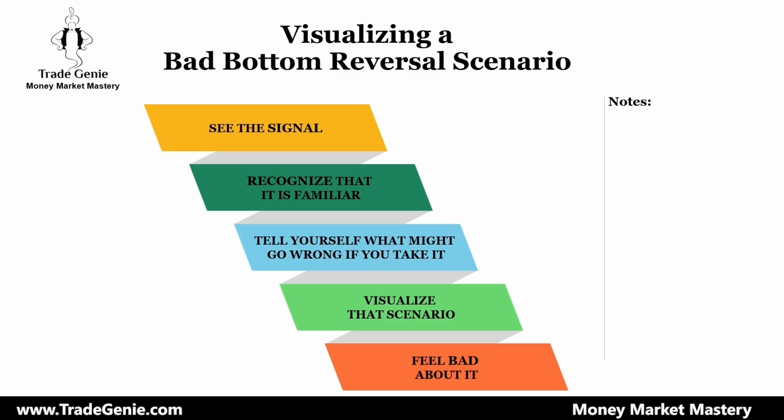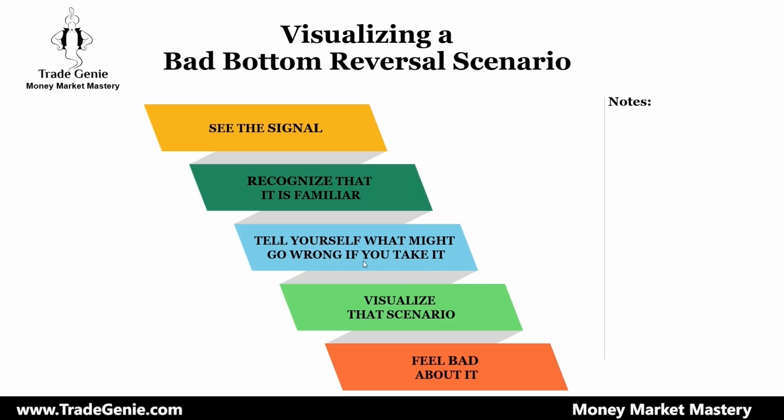But then you start telling yourself what can go wrong. This comes into your mind, and you say, no, this gap down, I don't know, I'll wait, and then you ignore it, and then it just continues to fall apart. When you're telling yourself what might go wrong, you start visualizing that scenario, how much money you will lose by taking that trade.